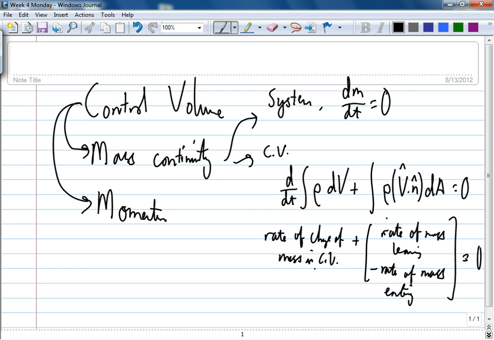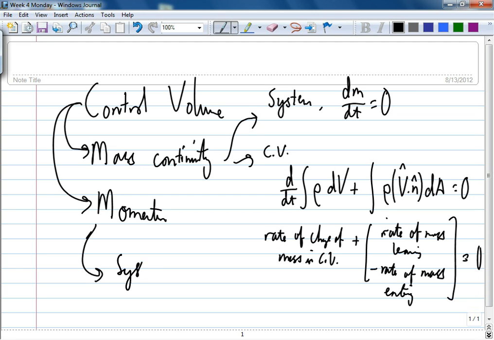So it always balances out. Anything going in, your rate of change of mass in the control volume is positive. Anything leaving, it will be negative to balance out so that it's 0. It's balanced.